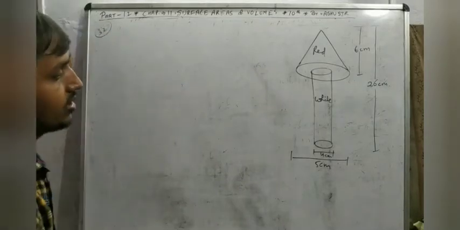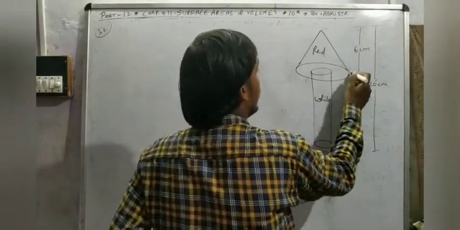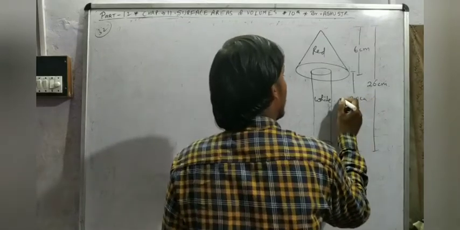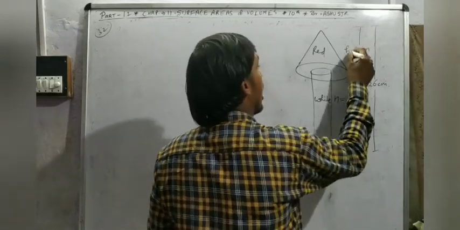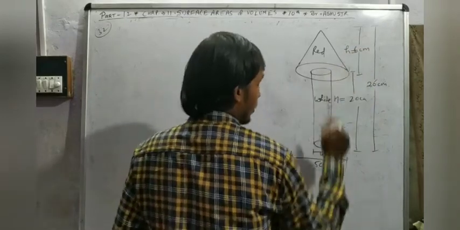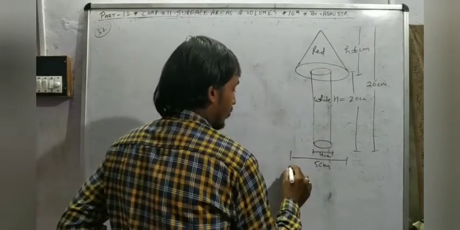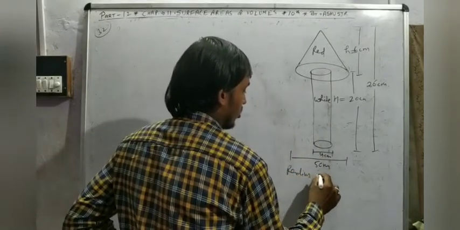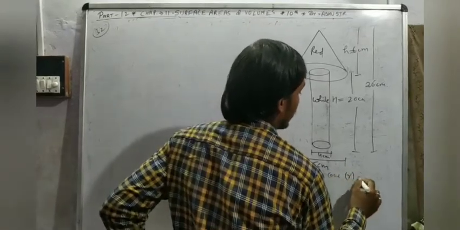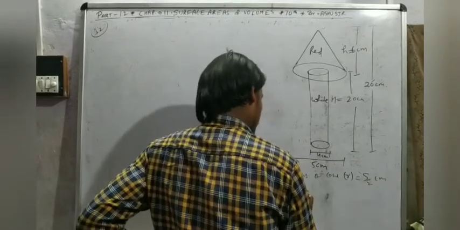So you can see here, if total height is 26 and this is 6 centimeter height, so this is 20 centimeter height. This is the height of the cylinder, this is the height of the cone. The radius of the cone, small r, is 5 by 2 centimeter.